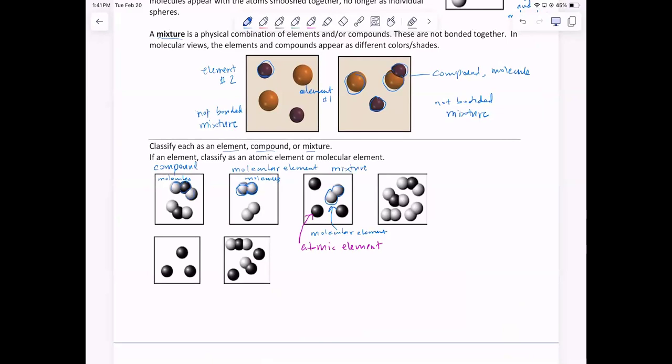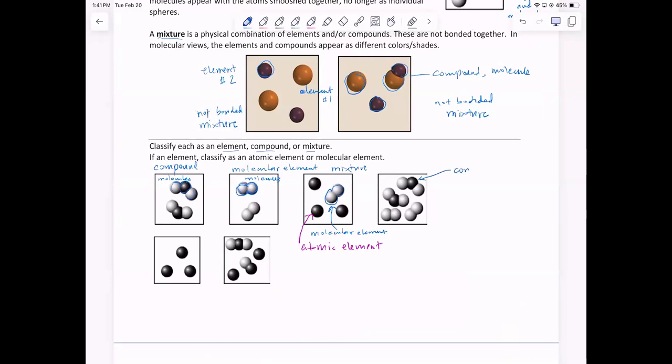Okay. We don't distinguish between heterogeneous or homogeneous mixture at this level because heterogeneous or homogeneous mixture is something you can see at the macroscopic level, which is with your eyes, versus a molecular view, which is not something that can be distinguished like that. All right, so let's take a look at this, which is the next box.